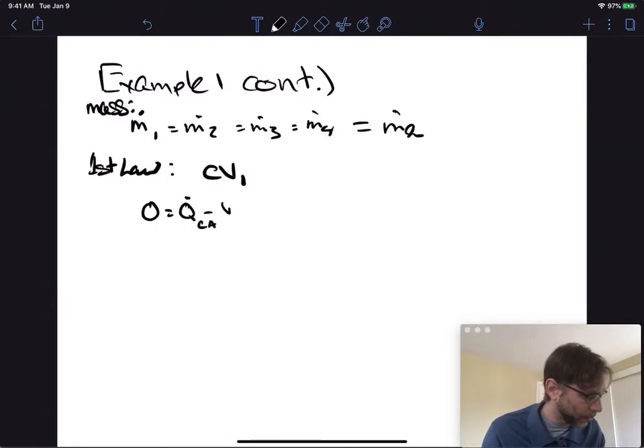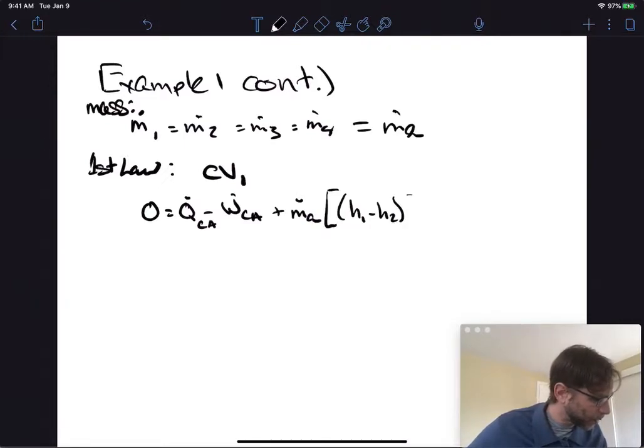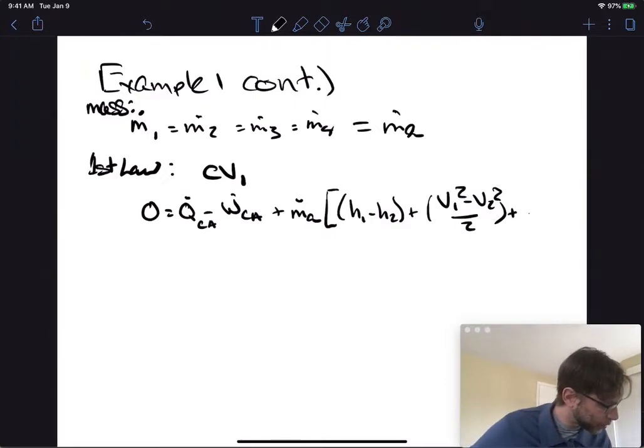So dE/dt equals Q dot minus W dot CA plus m dot A, which is the mass flow of the air, times bracket H1 minus H2, let's just do it to be complete, plus V1 squared minus V2 squared over 2 plus Z1 minus Z2, bracket.